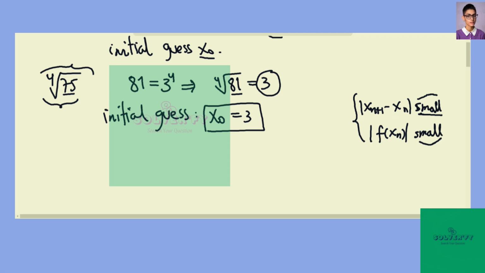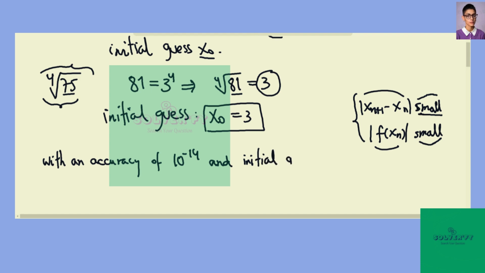And here, with an accuracy of, let's say, 10 to the negative 14, that is, we use that number to compare these quantities, and an initial guess of 3, we need 4 iterations.